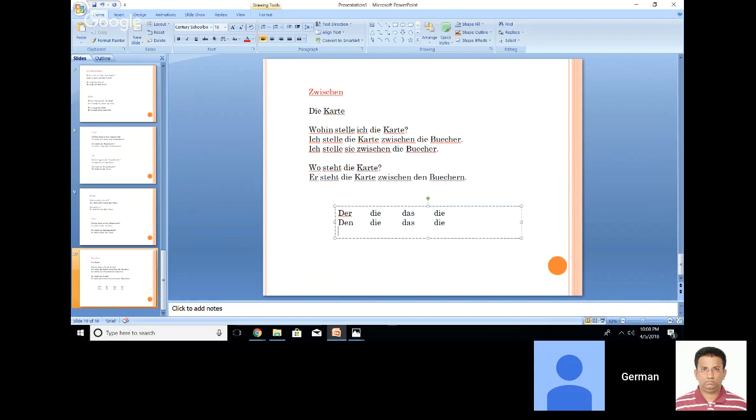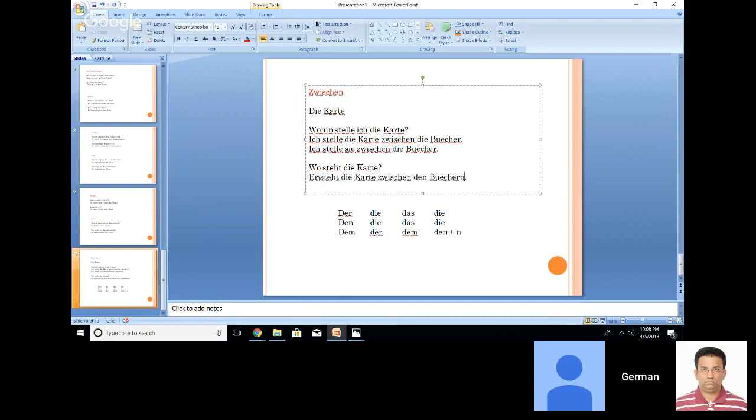In dative, however, it becomes dem, der, dem, and plural "den" plus n. That is, the noun would get an ending n, like here we added n in the ending.